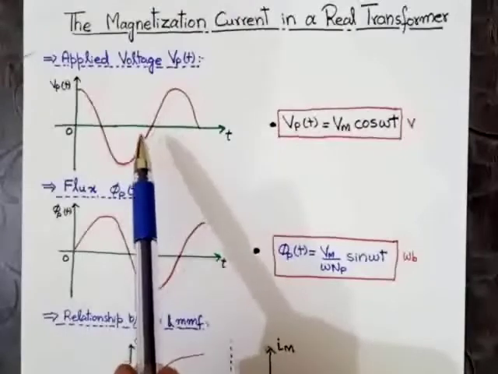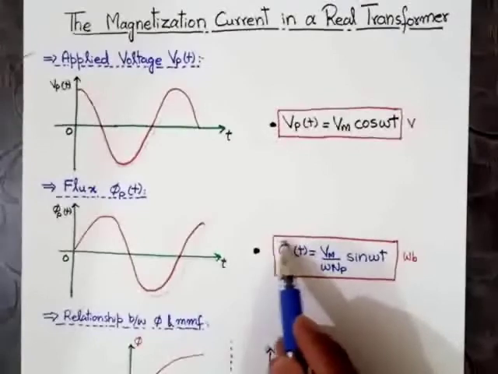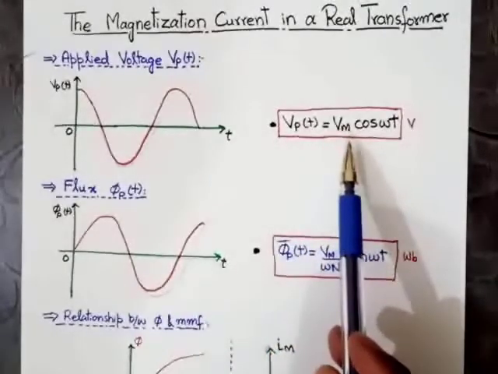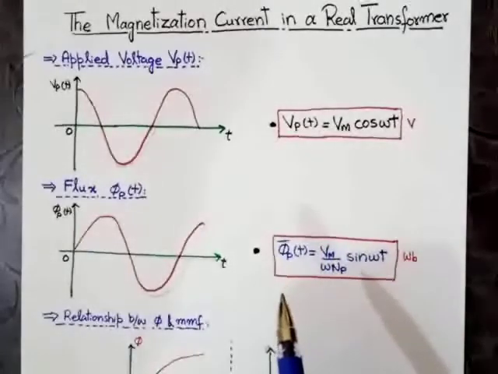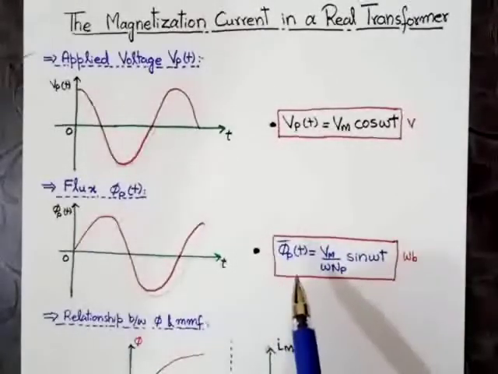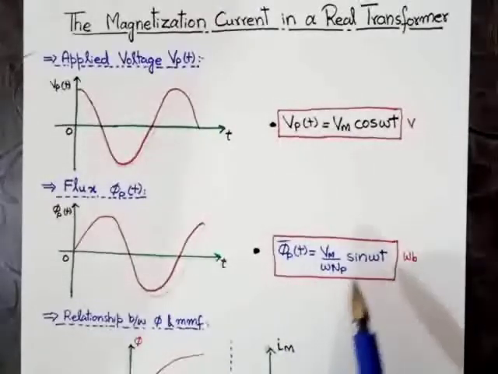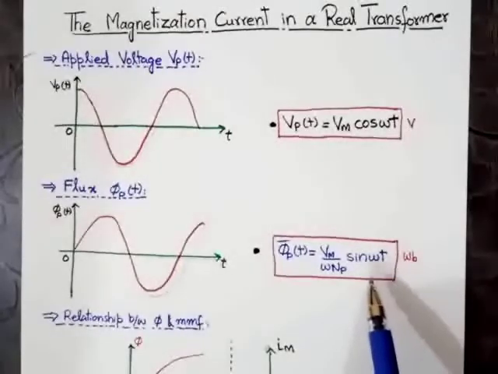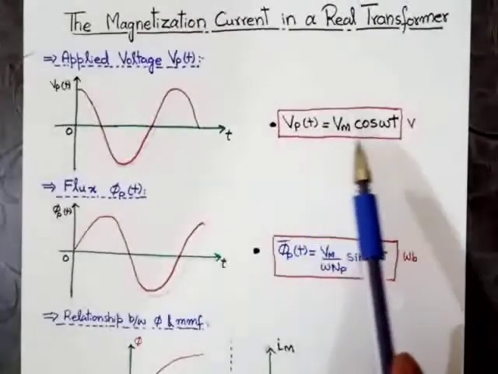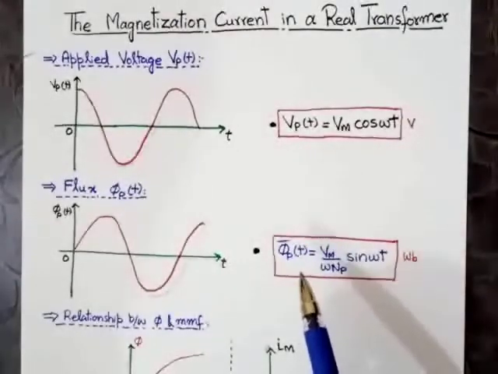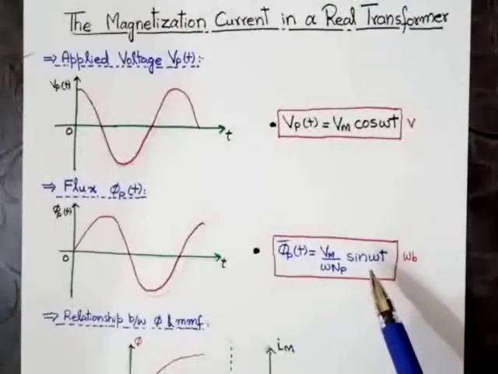As we have already derived the equation of average flux, when the applied voltage is equal to Vm cos omega t, the equation of the flux due to the primary winding or primary circuit is Vm over omega Np into sine omega t. When the applied voltage is in cos form, then the average flux due to primary circuit will be in the sinusoidal form.